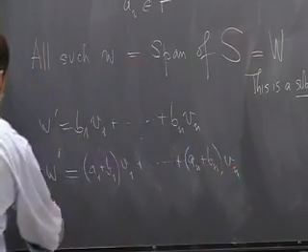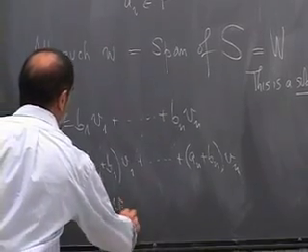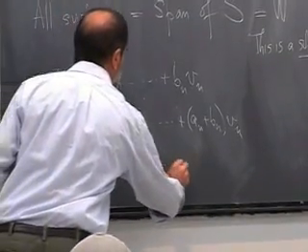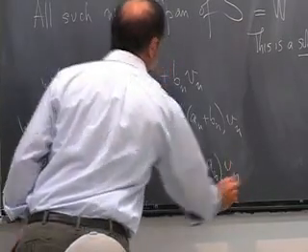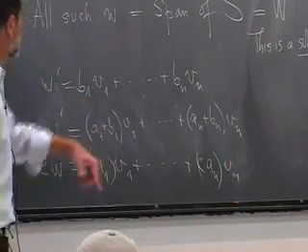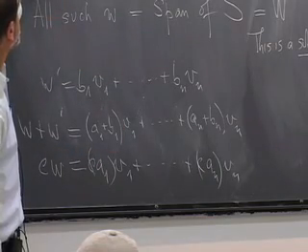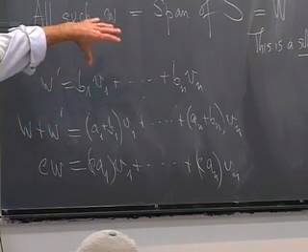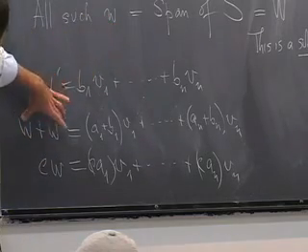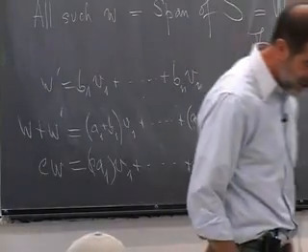And you find that a scalar c times W is c a1 times V1 plus through c an times Vn. And since the field is closed under addition and multiplication, these vectors are of the same form as the original one. They're linear combinations of the Vi. And so you have a subset of V that's closed under addition and scalar multiplication. It's a subspace. That's called the span of those vectors.